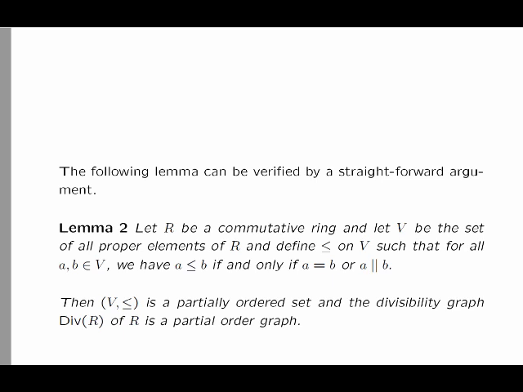Take all positive integers, like Z plus, and define exactly what I mentioned here: A and B are two positive integers, then we say A less or equal to B if A equals B or A is a factor of B. Then definitely this is a partial order on the set of all positive integers.